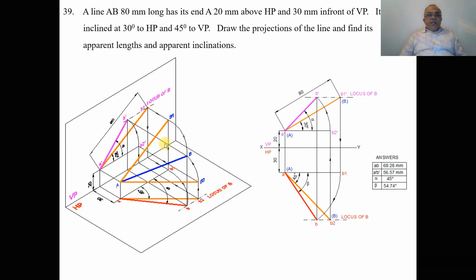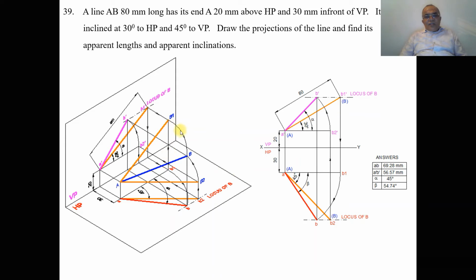When you look from the top view, you will get the image AB2 here, AB1 here. You rotate till B1 comes to the position of point B, so that AB1 comes on the locus of B in the top view.